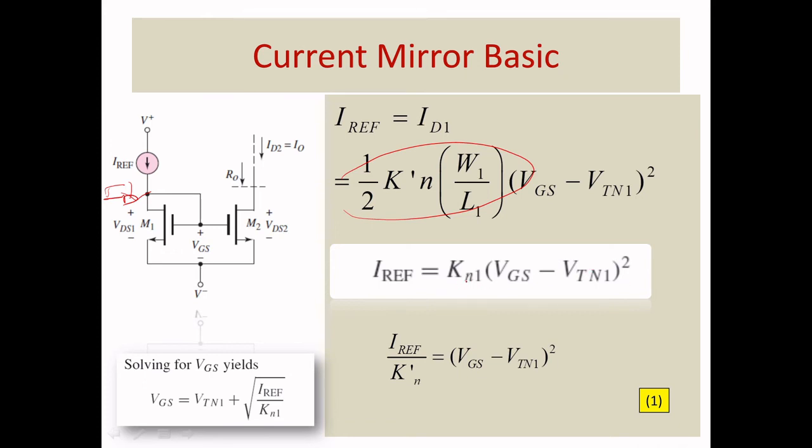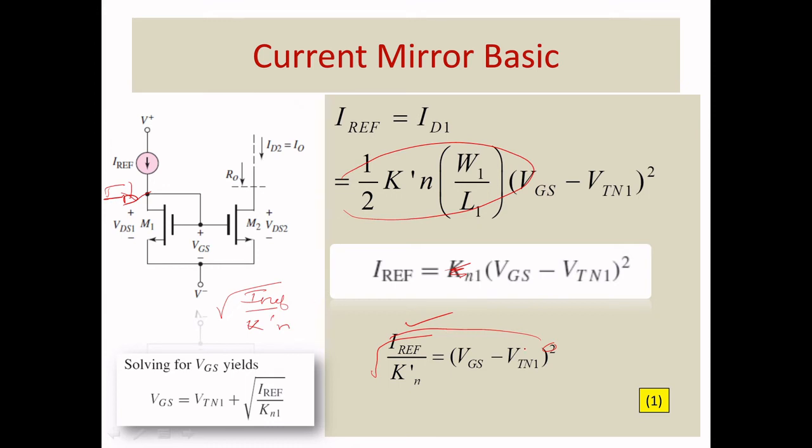Now I am rewriting this equation: bring this Kn down, so IREF divided by Kn equals VGS minus VTN whole square. And I am bringing this square to the left side, so it becomes a square root. So what you will be having is IREF divided by Kn.